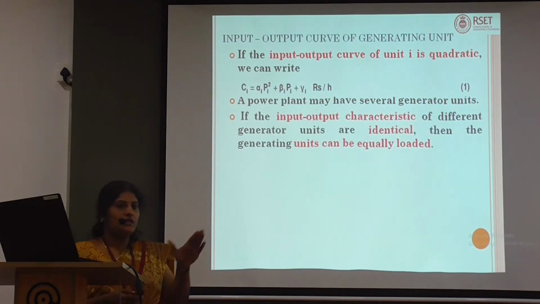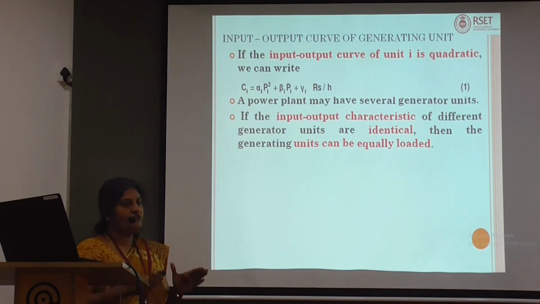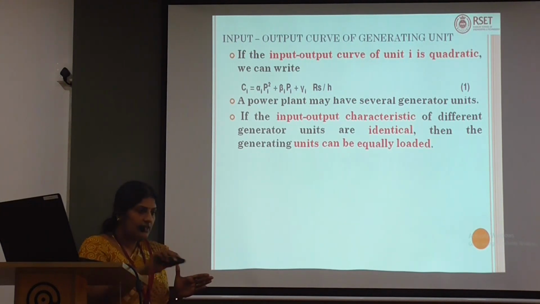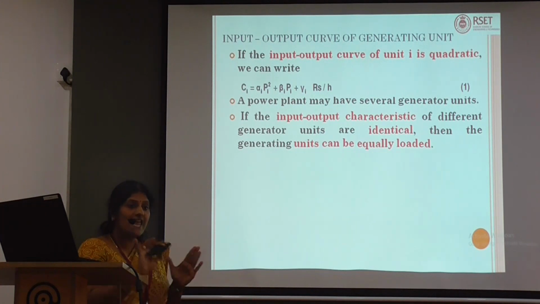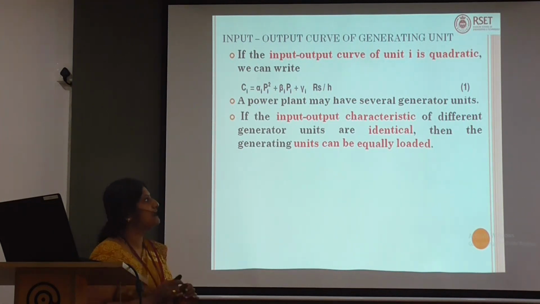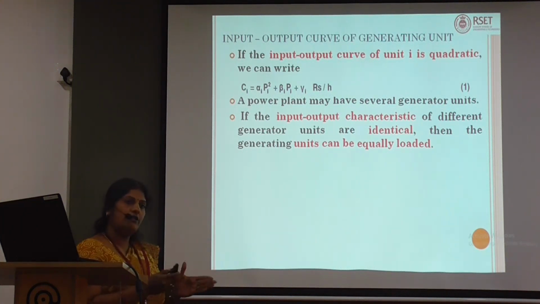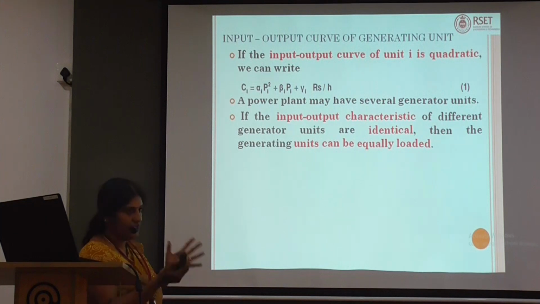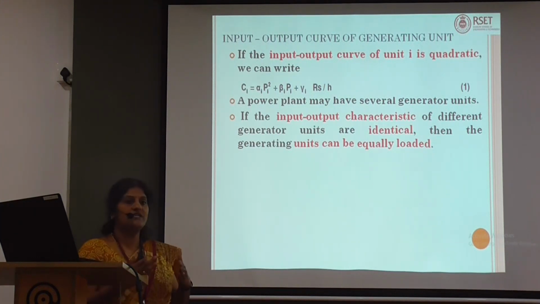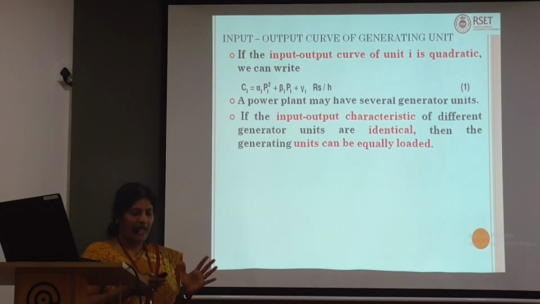If the input-output characteristic of all the generating units within the plant has the same relation, that is, identical cost relations, then how could the load be distributed among them? We go for equal loading. So all the units have an identical relationship, so we can always go for equal loading on that plant. But sometimes it may not happen so.